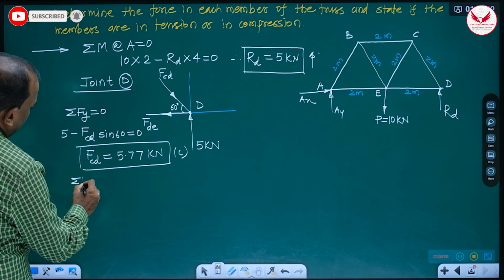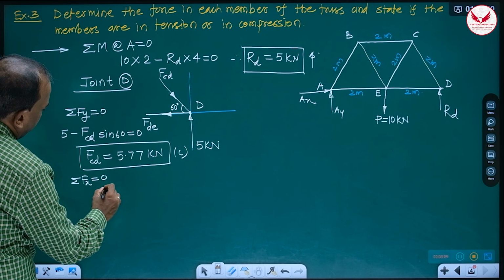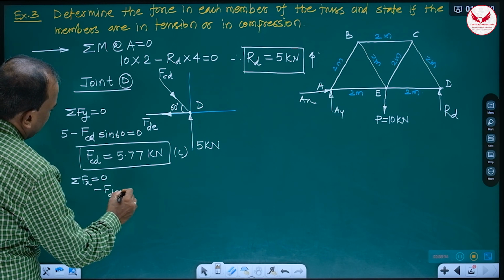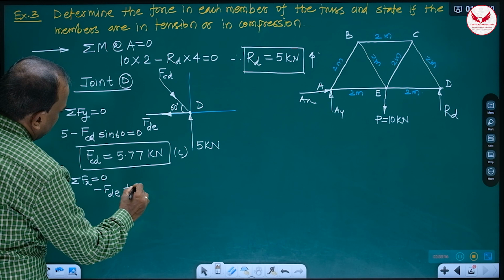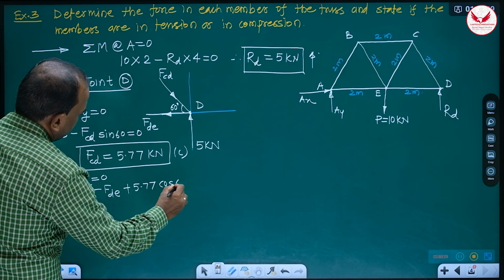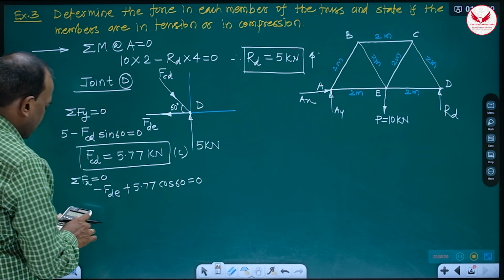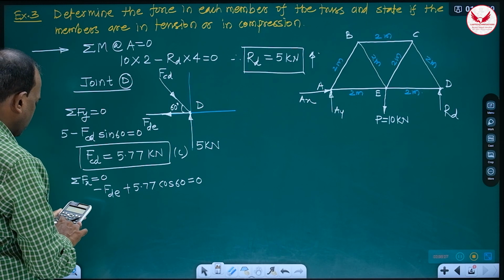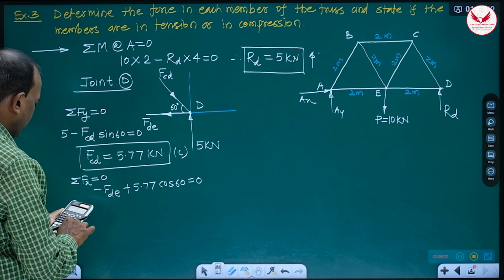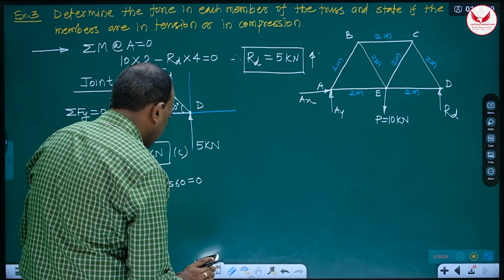Summation Fx is equal to 0. FDE, it is minus towards left, plus FCD 5.77 cos 60 is equal to 0. Means 5.77 into cos 60 is going to be 2.88.